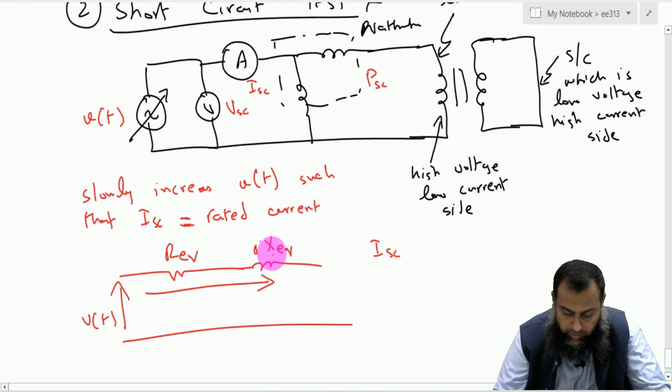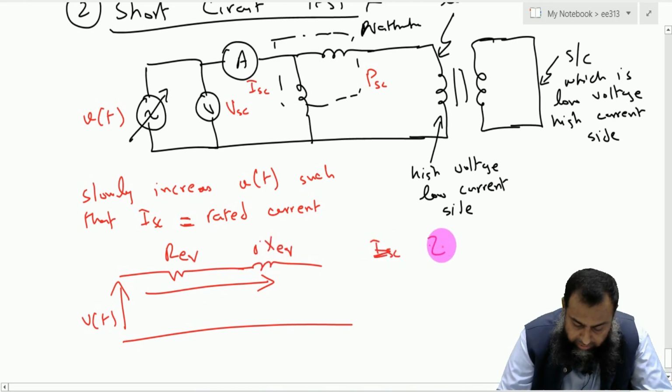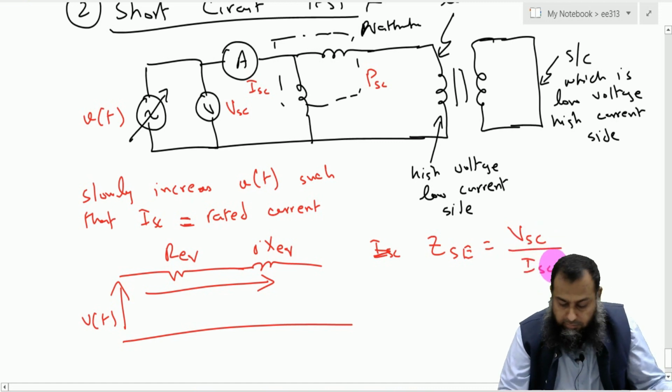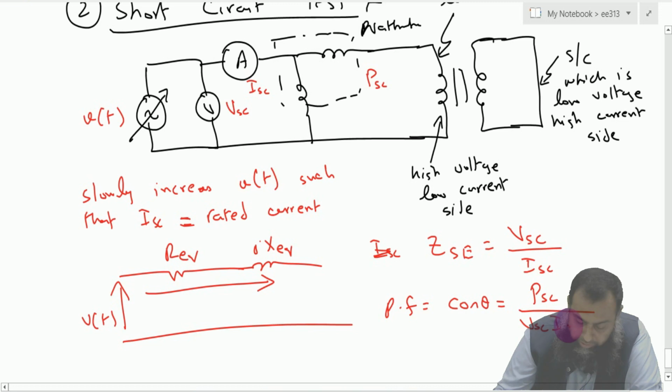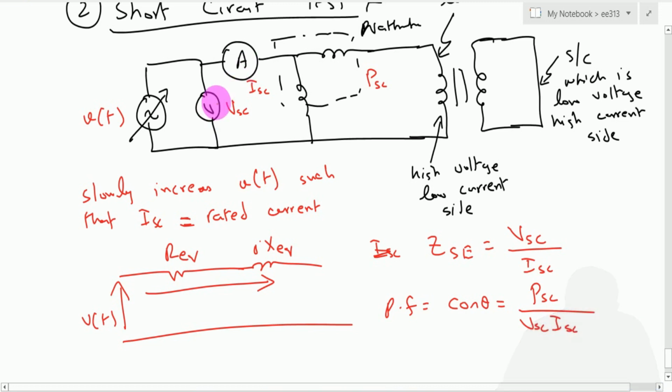For that we know that ZSE is equal to VSC over ISC, which comes from the short circuit test. Also we have power factor equal to cosine theta, that is equal to PSC divided by the current and the voltage measured through this voltmeter and the ammeter, and therefore theta is equal to cosine inverse of PSC divided by VSC into ISC.